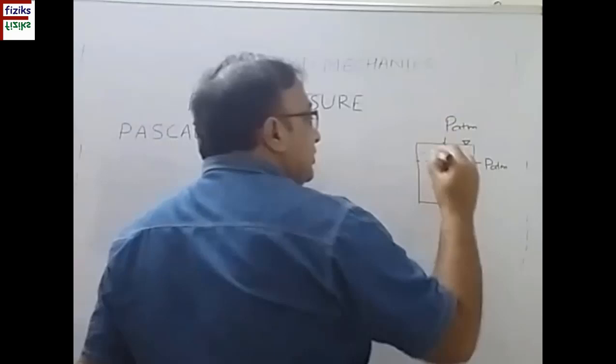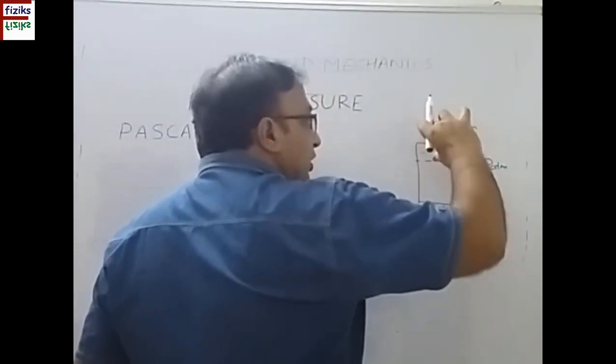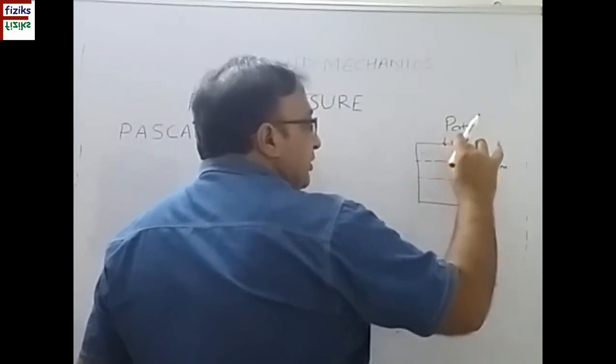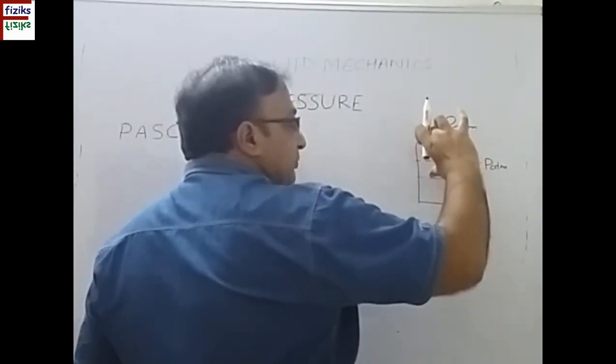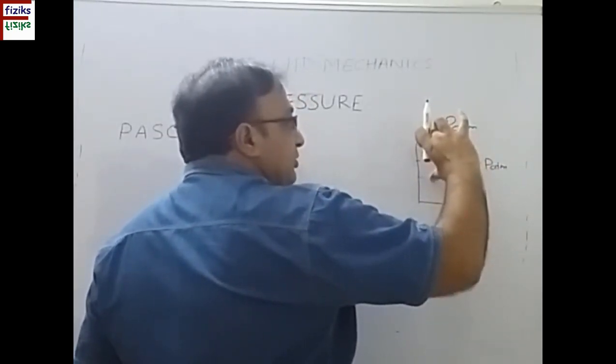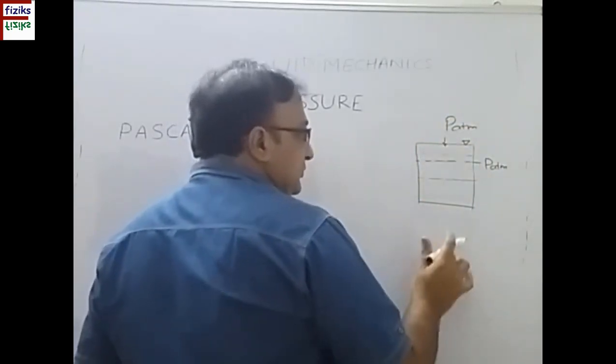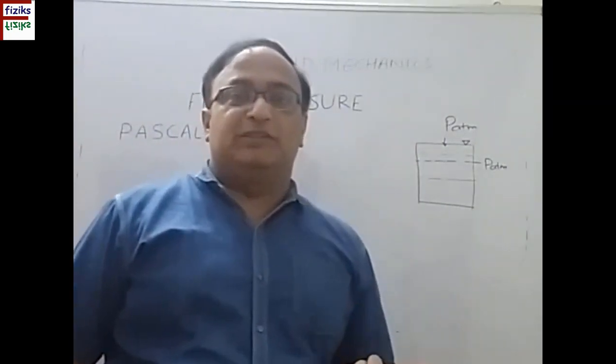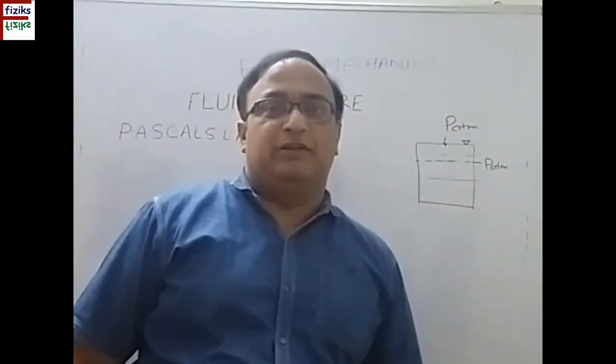So as we move down, the pressure of the column of the fluid above that surface is increasing. At this point, atmospheric pressure plus the pressure due to this much column of the fluid, and so on. So as we move down, the pressure is increasing. This is what Pascal has stated, and also the hydrostatic law.